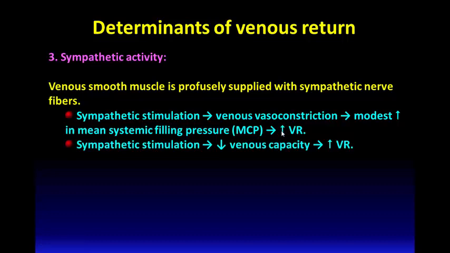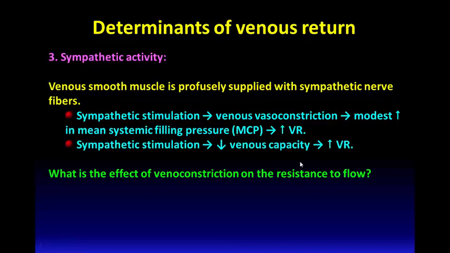Sympathetic stimulation decreases the venous capacity because with sympathetic stimulation there is venoconstriction, and when the venous capacity is decreased, venous return increases, as we mentioned in the previous slide.